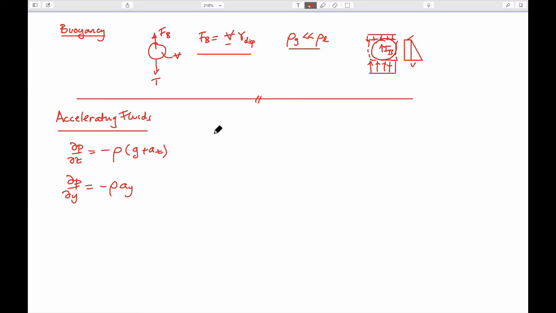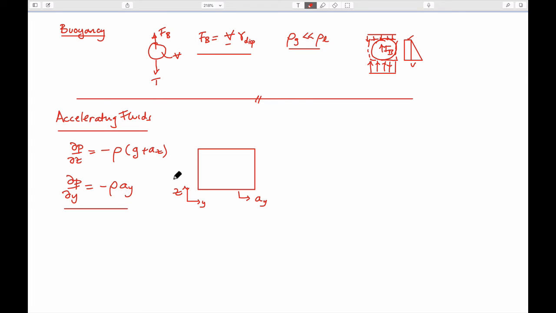And so if we have, for instance, a closed container, and that closed container happens to be accelerating in some direction, and we have a coordinate system which is y and z, which we usually choose, then we can always get the change in fluid pressure in that system by knowing what the horizontal acceleration is.